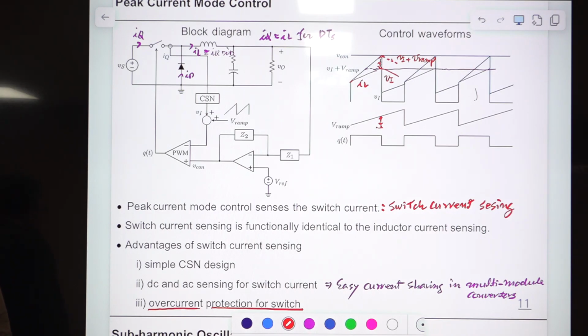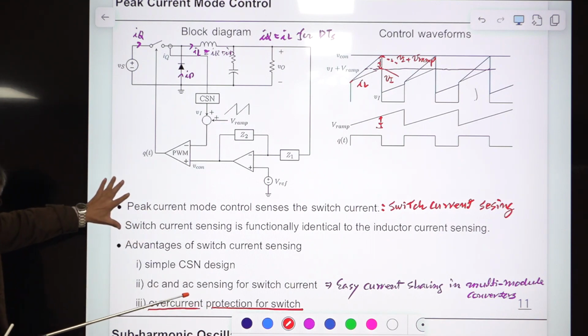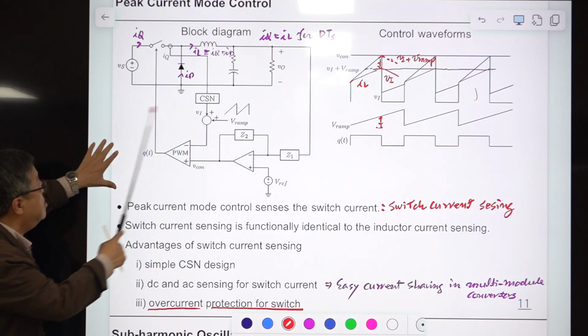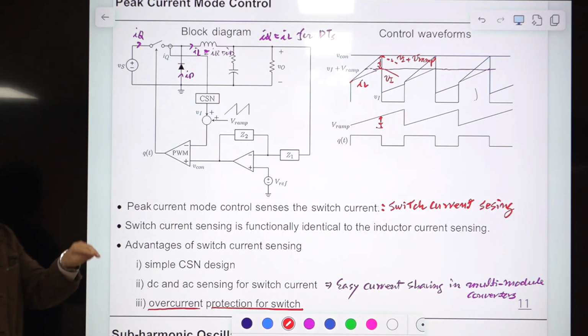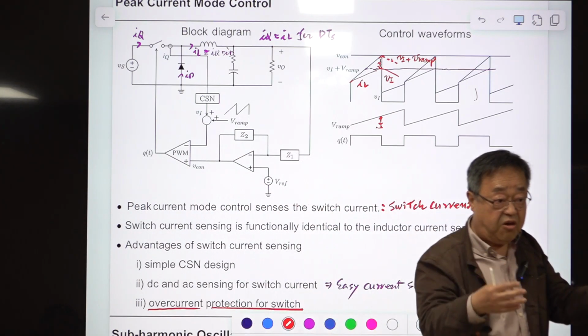For that purpose, modules are used in parallel. You have a single power stage, and for many cases there is another module here, another module here, another module here. Maybe 20 or 30 modules are connected together to provide the large current.